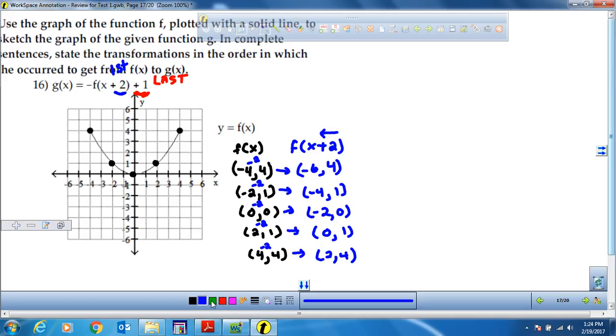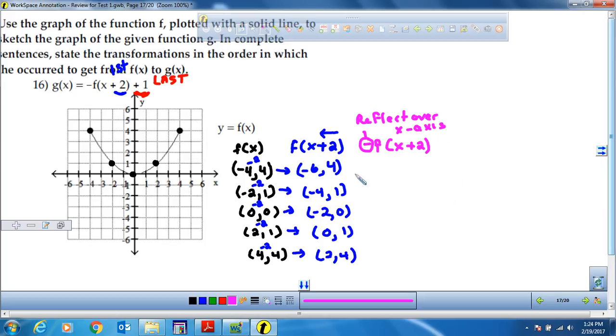So, second change that we must apply is the negative, because the +1 should be my last transformation. So the negative in front of the f. So we're going to do negative f of x plus 2. Remember, when there's a negative on the outside of the function, that negative is going to cause the function to reflect over the x-axis.